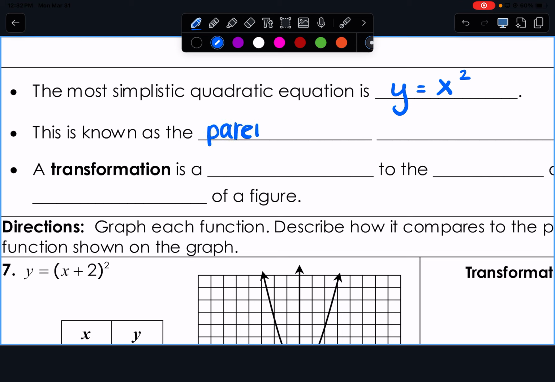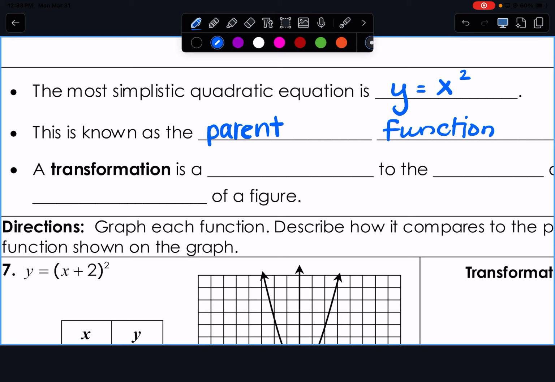The parent function is just as plain as it can get, of a family of functions. It's the one that all others are based off of and come from. So we can take that one, x squared, and change it to make it any quadratic we want using transformations.